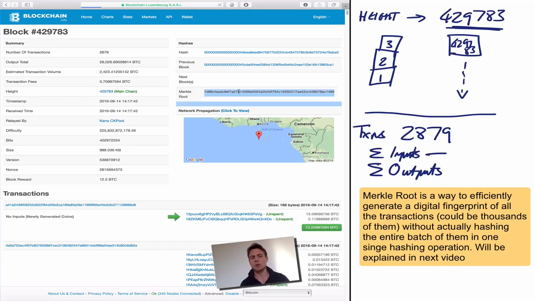It's all about this Merkle root here. That's the way the content of all these 2,879 transactions is represented and included in the block header without actually having to hash all of the transactions together and include that in the block header. We're going to go into more detail about what this block header looks like.